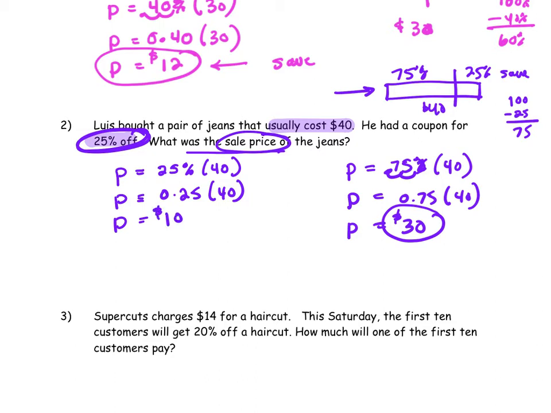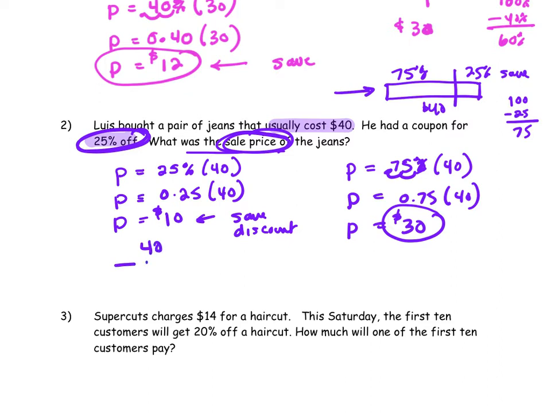However, here's the tricky part. That is the save amount. That is the discount. And the question was, what is the sale price of the jeans? So if you use 25%, you now need to go one extra step, because $40 is the cost of the jeans.